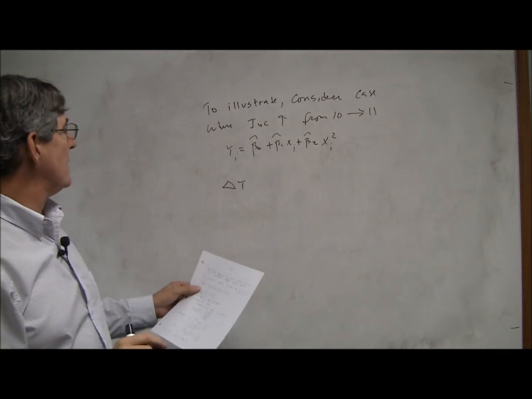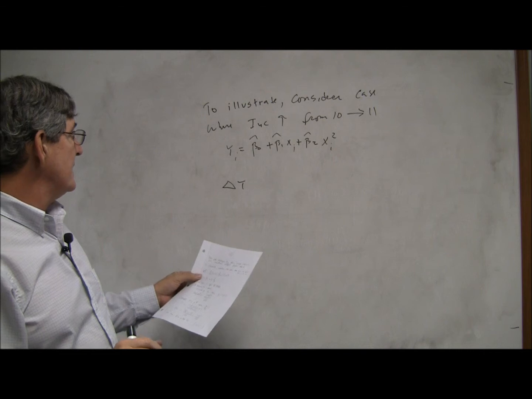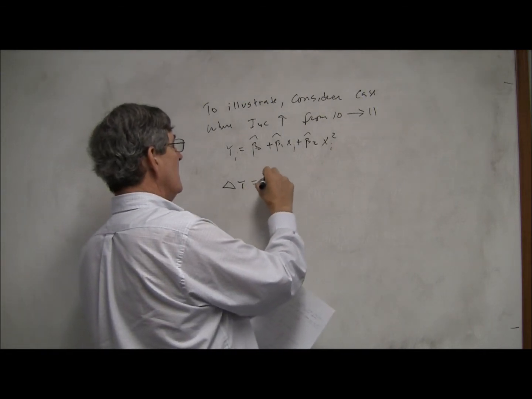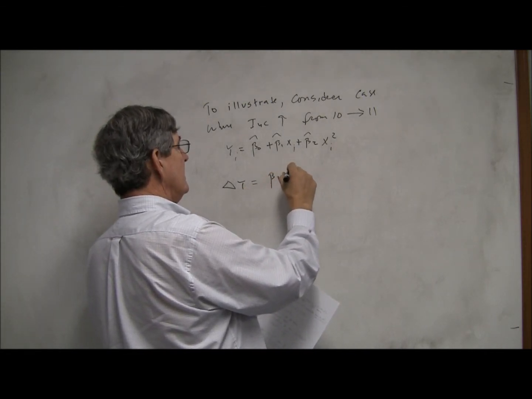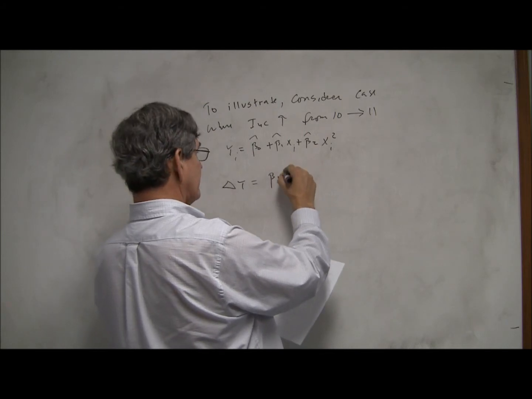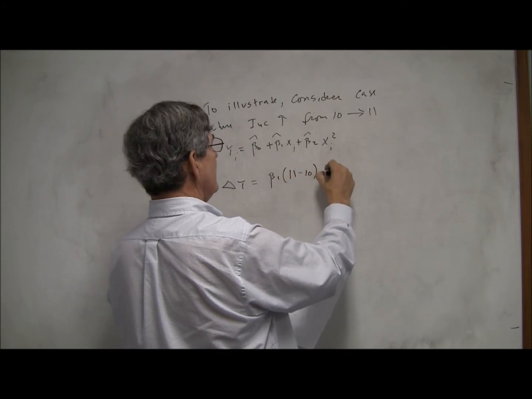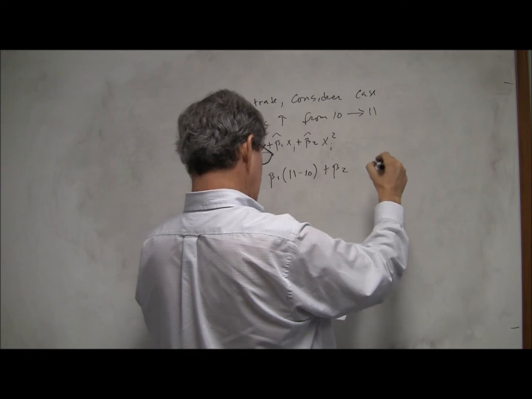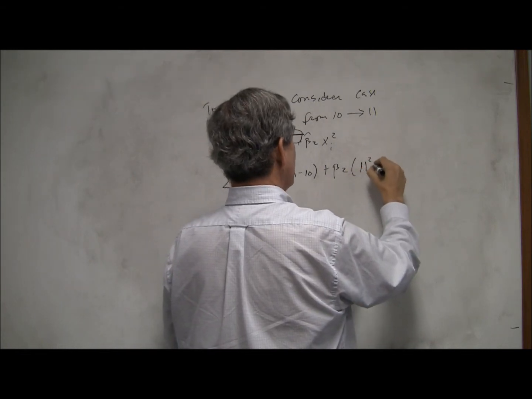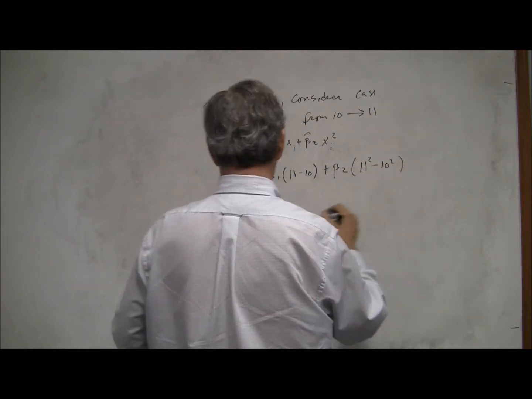The estimated change, and then if you estimate it, you'll get this. That's the estimated model. Then the change in y would be beta 1 times 11 minus 10 plus beta 2 times 11 squared minus 10 squared.